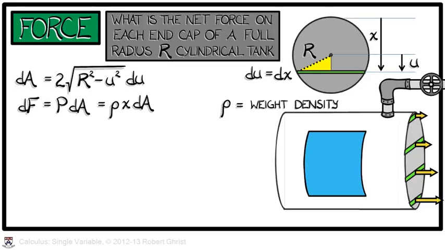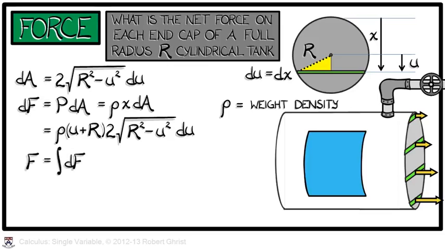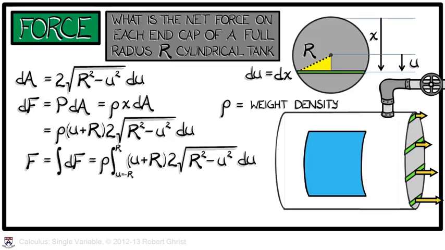The force element is the pressure times the area element. Recall that pressure is rho, the weight density, times x, the distance from the top. Now, x being u plus r and dA being twice root r squared minus u squared du gives us our entire force element. To obtain the force, we integrate the force element as u goes from negative r to r.